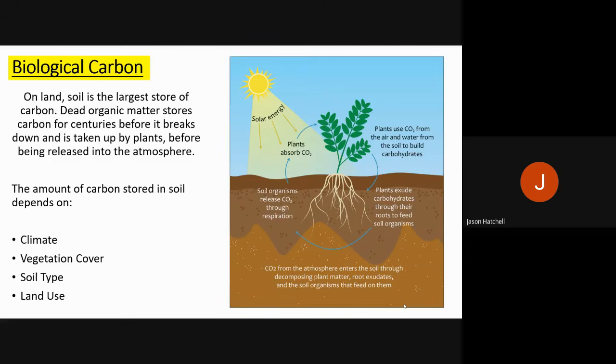We know that, for example, the more plants there are in a soil and the more rich in nutrients soil is, the more carbon it's likely to have. And also land use impacts it because if we clear landscape and if we deforest for urbanization, for example, building a town or a city, that will decrease dramatically the amount of carbon in the soil and will also disrupt the natural carbon cycle and the water cycle as well.